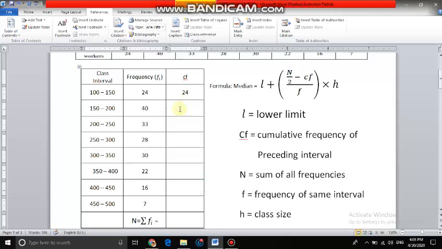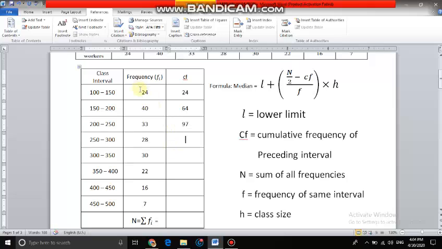Next, the cumulative frequency of the second row will be the sum of these two values, that is 40 plus 24, 64. For the third row, it is the sum of all these three numbers. The sum of the first two numbers is 64, and 64 plus 33 will be 97.